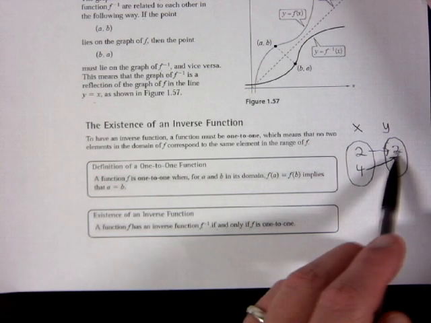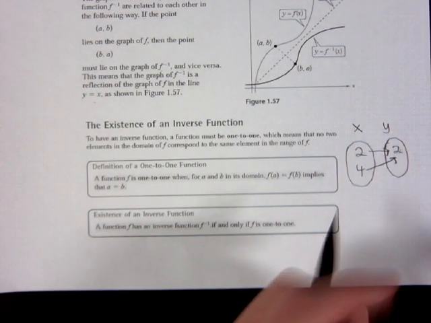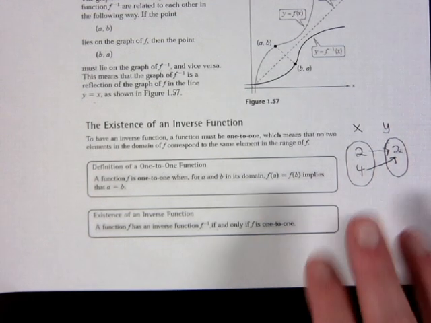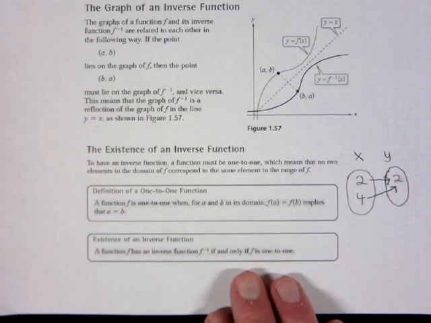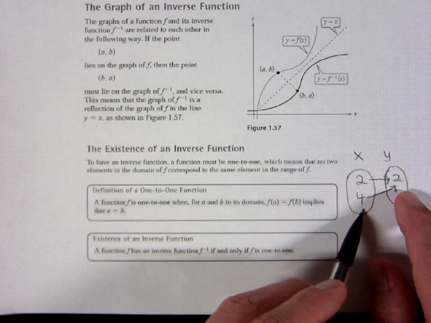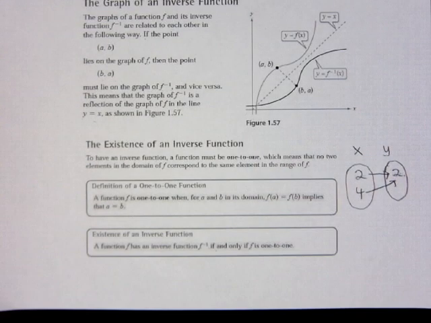So if I'm going backwards, it wouldn't even be a function. That means there is no inverse function for a function that's not originally 1-to-1. When you try to get the inverse, it's not even a function to begin with, because you would have the same x going to two different y's when you reversed it. So that's the reason.